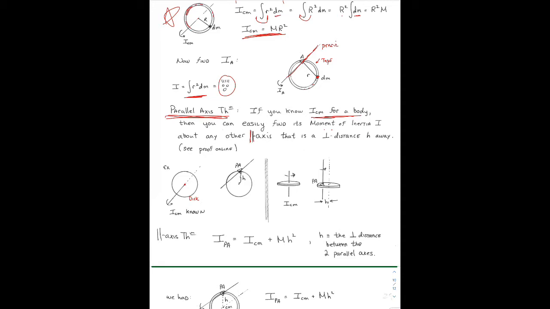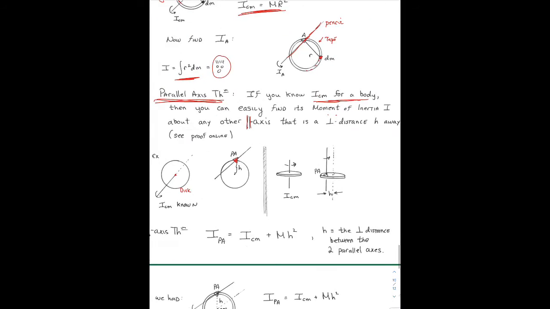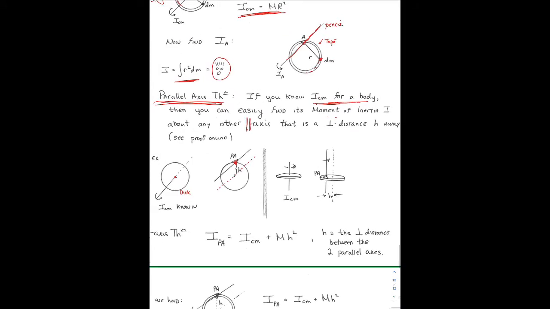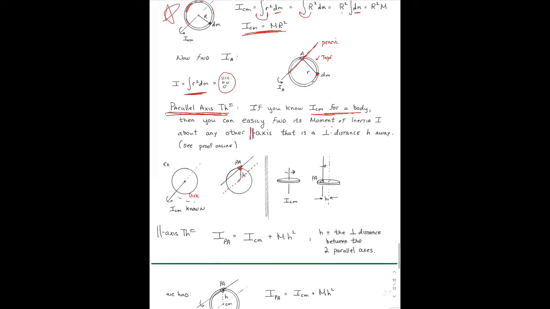Now I want to pivot it at that point. So this axis here is my old axis, and now I'm a perpendicular distance h away. These two axes are parallel, hence the name of the parallel axis theorem.